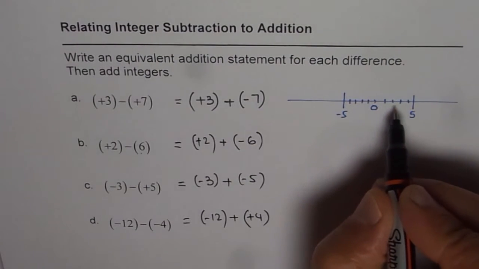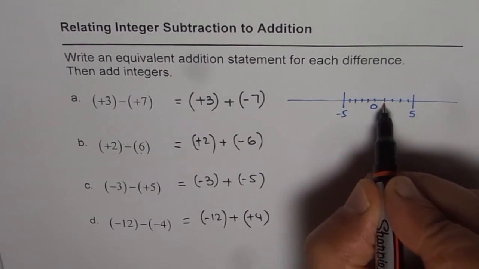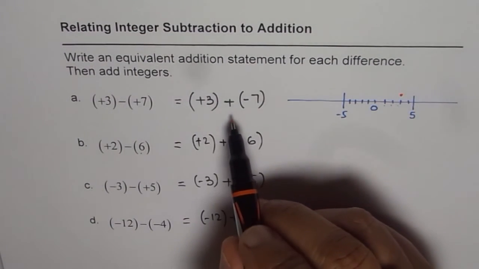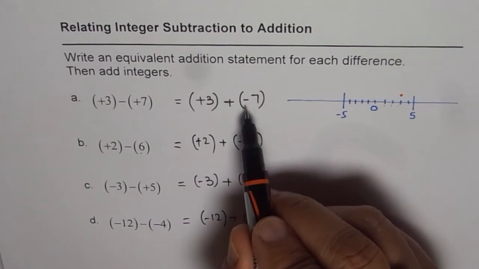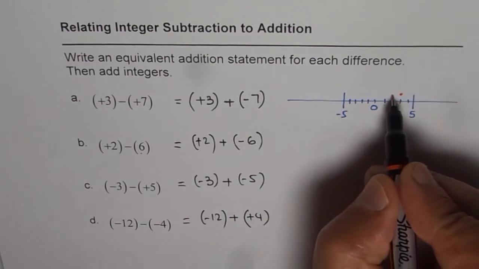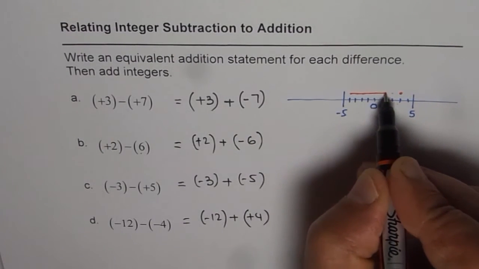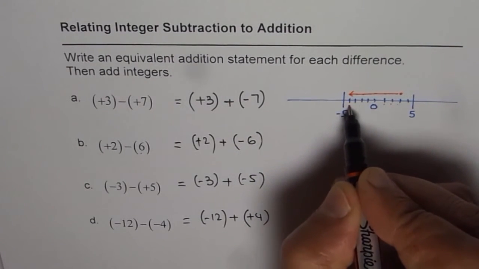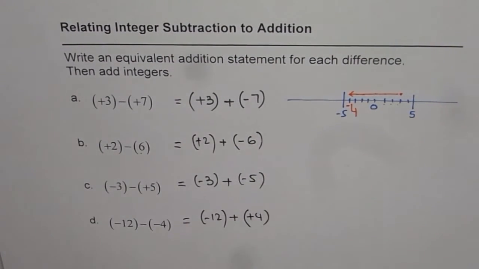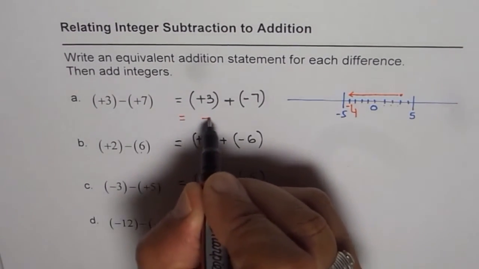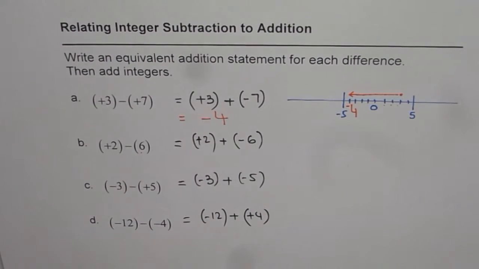So plus 3 is on the right side of 0, 1, 2, 3, so that is plus 3. So we'll start from plus 3, and then we have to move 7 units. Minus 7 means left. So 1, 2, 3, 4, 5, 6, 7. There you go. So you land up at minus 4, and therefore the answer should be equal to minus 4. So that is the result of this addition.